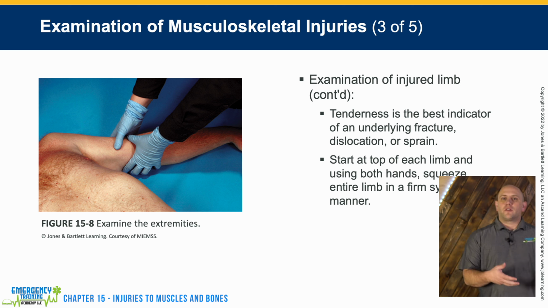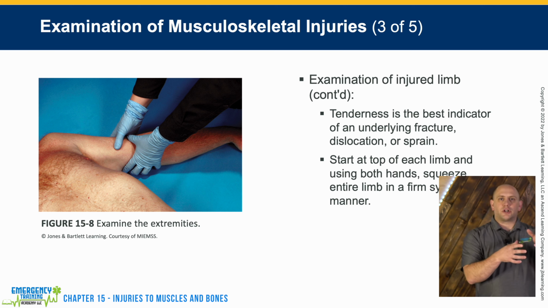As we said earlier, there's going to be tenderness if there's a fracture. This is one of the best ways that we can tell that there's an underlying injury or dislocation if it's not readily visible when we inspect. So to check for this, we're going to actually move down the patient's limb, slightly pushing pressure against our hands as we move down.